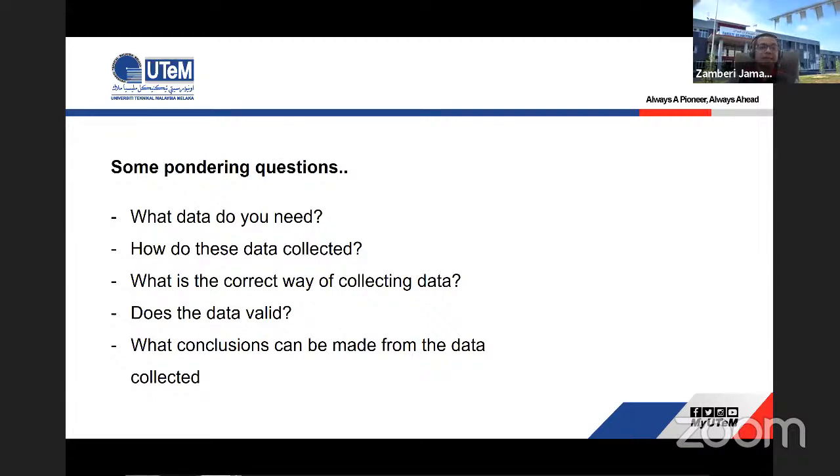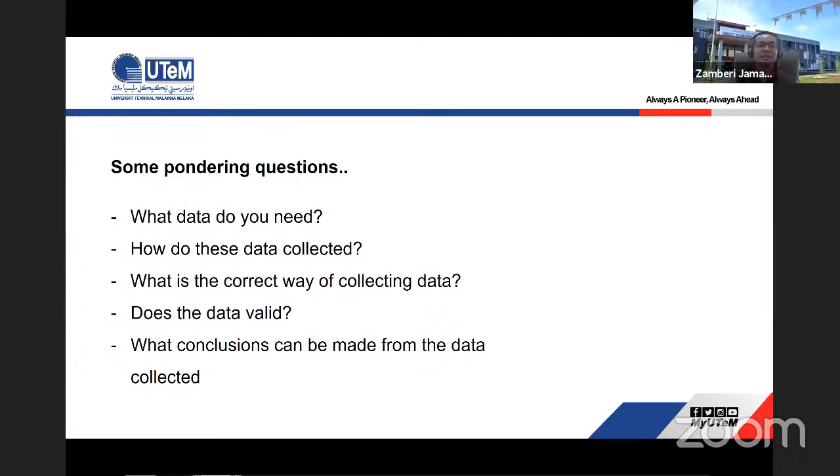We must be very clear on the first steps. So, what data are we to collect? We do not want a scenario whereby, at the end of the third year of the PhD studies, or at the end of our research grants, we come to the conclusion that we have collected the wrong data.